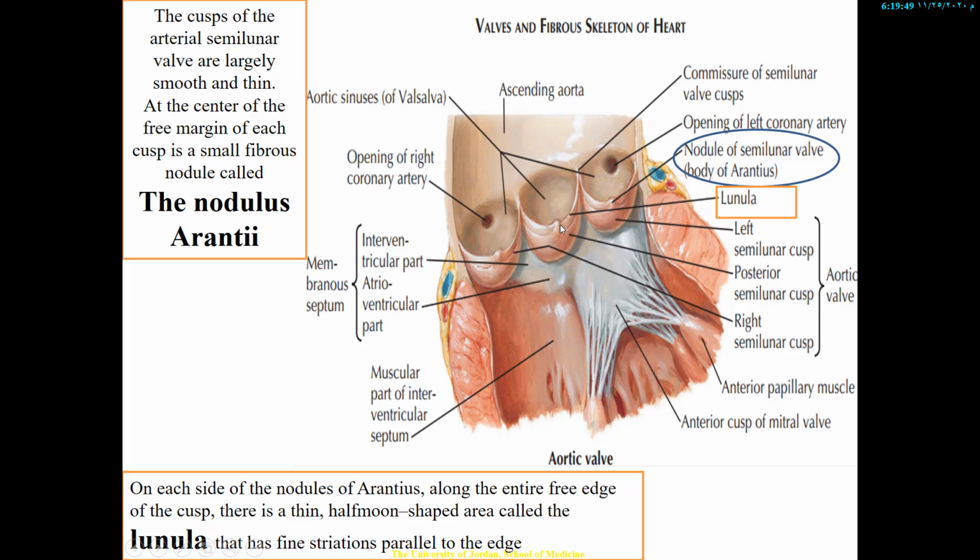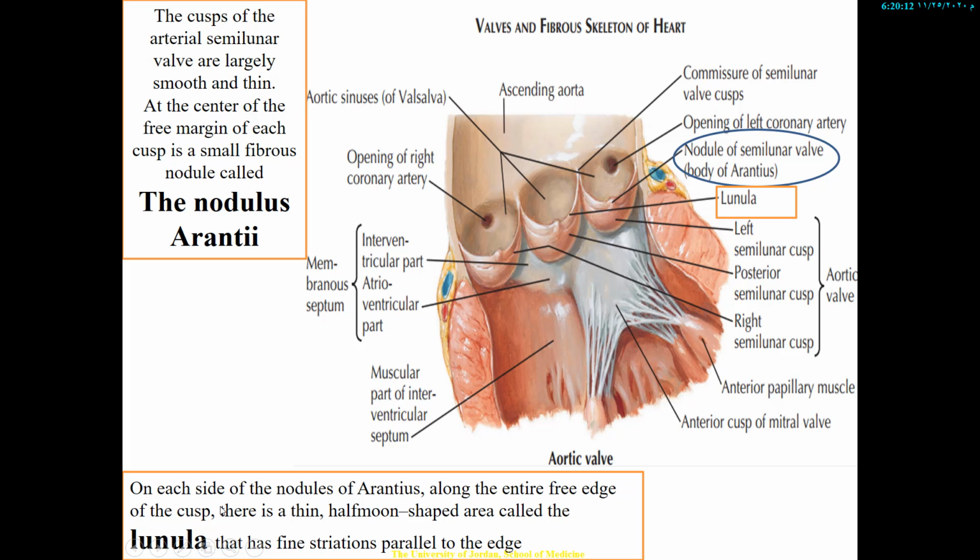The free margin of each cusp has a small fibrous nodule, the nodulus arantii. So one in the center of each sinus. There is one here, and there is another one here.